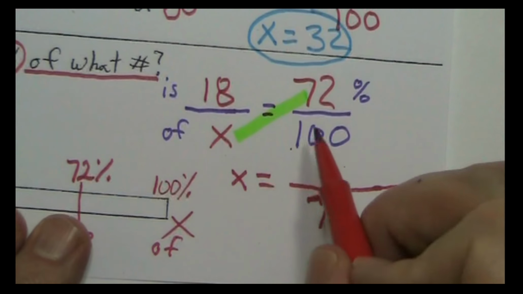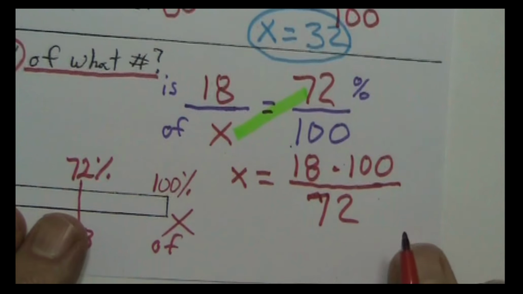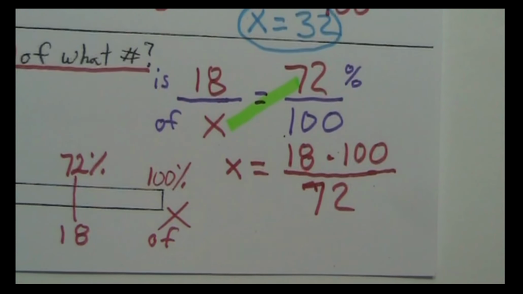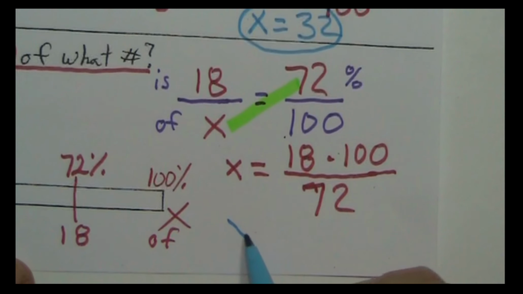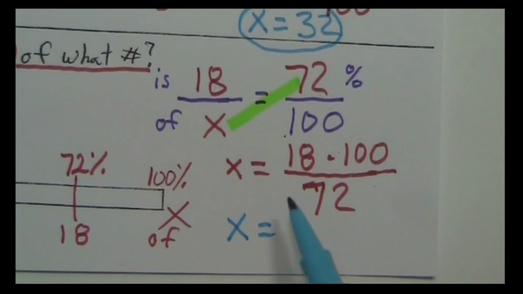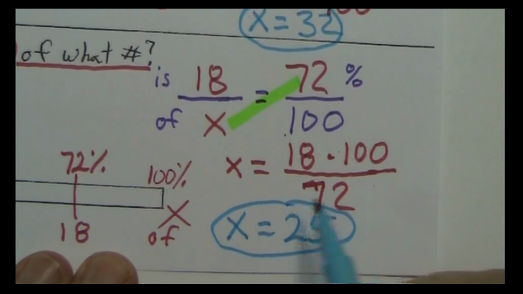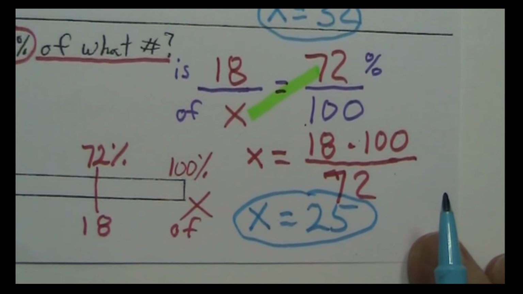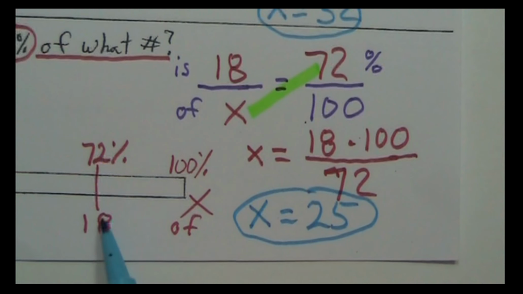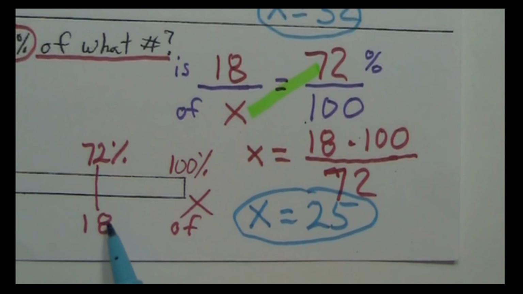The other two are going to be on top: 18 times 100. So I multiply, divide by 72, and the answer comes out to be 25. 25 is the answer. So 18 is 72% of 25.